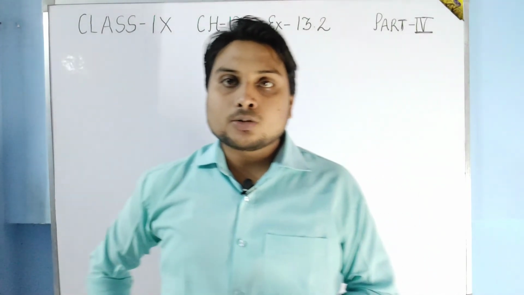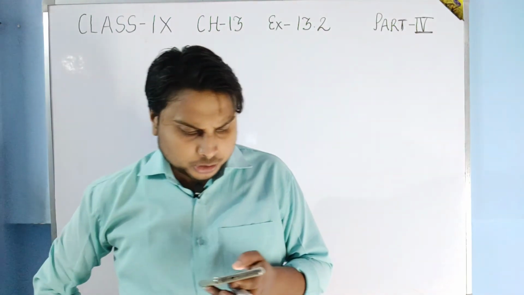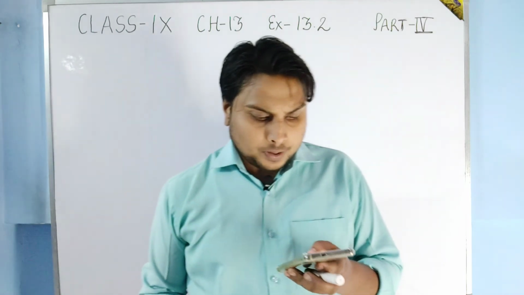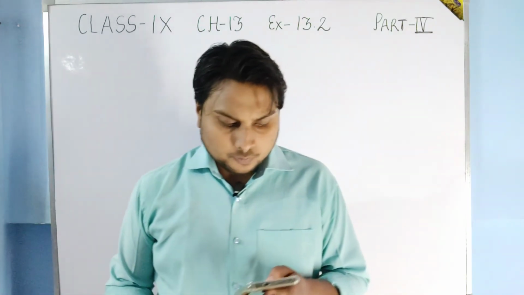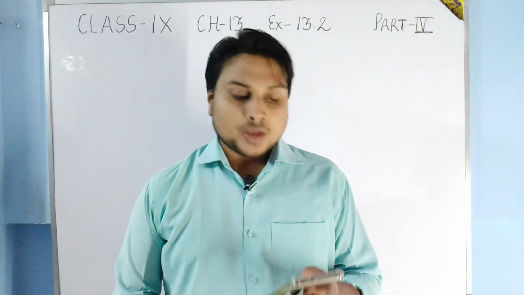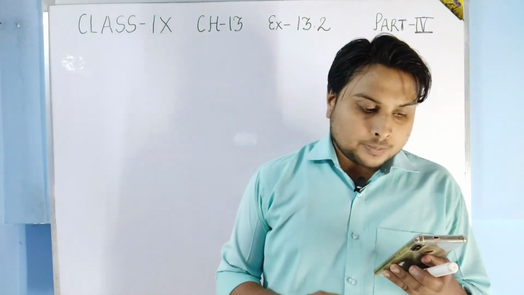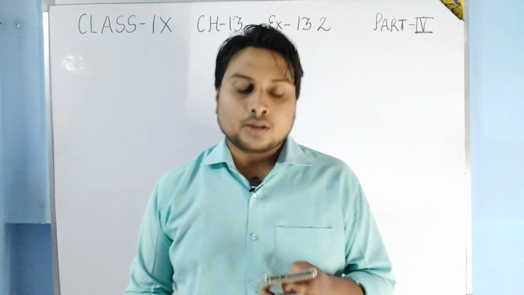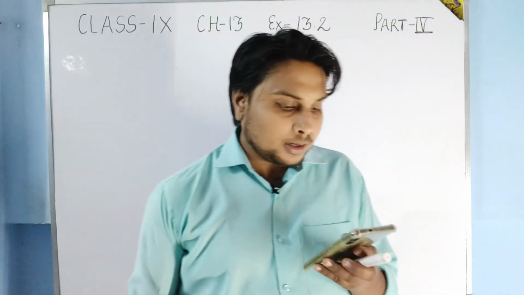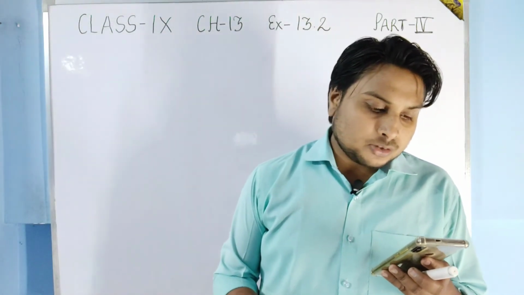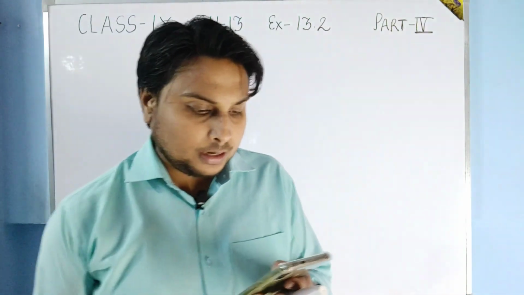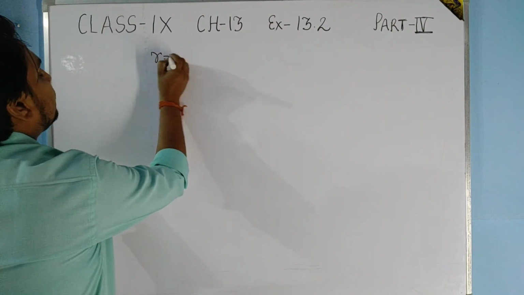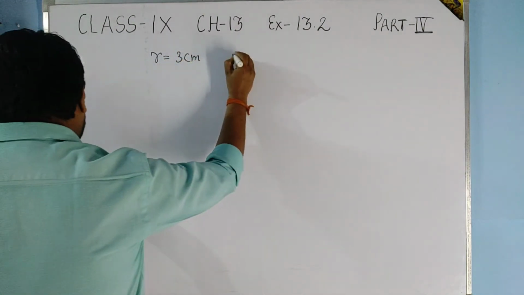Now coming to the last question of exercise 13.2, the question is, the students of a Vidyalaya were asked to participate in a competition for making and decorating pen holders in the shape of a cylinder with a base using cardboard. Okay, so each pen holder was to have radius 3 centimeter and height 10.5 centimeter.